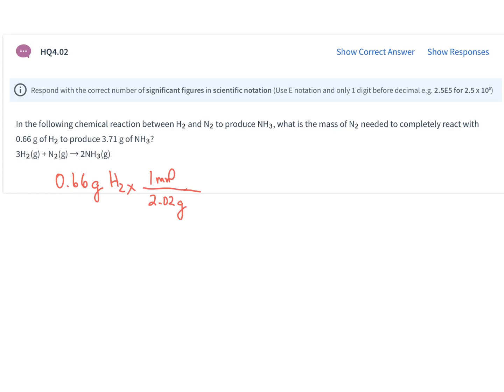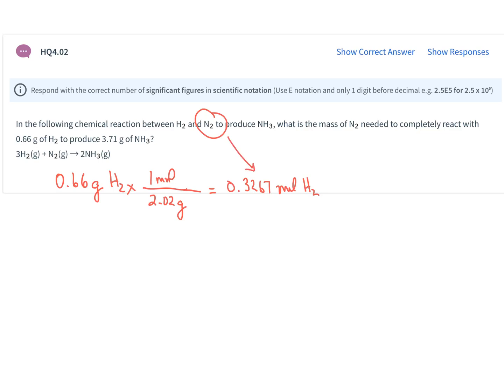I have 2 hydrogens in H2. So 0.66 divided by 2.02, I'm going to have approximately 0.3267 moles of hydrogen.